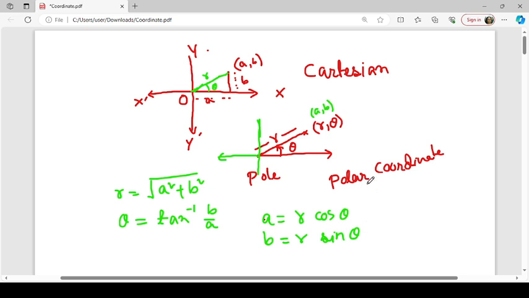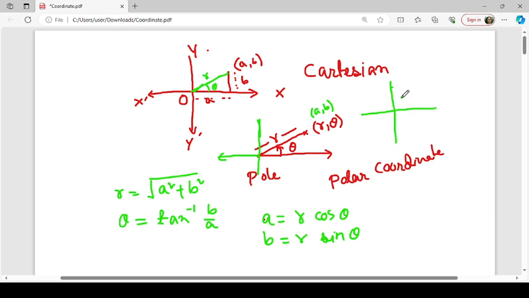Now we say distance between 2 points. This is the x-axis, y-axis, Cartesian system.